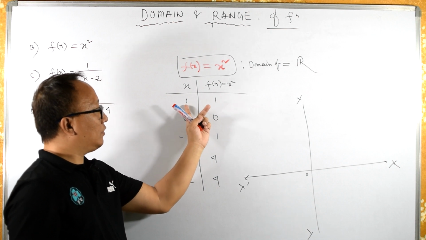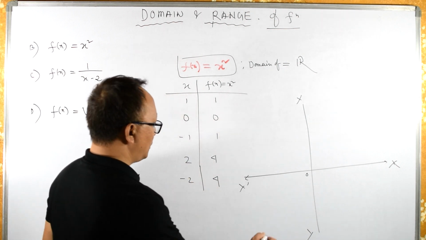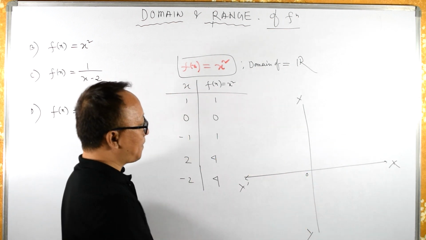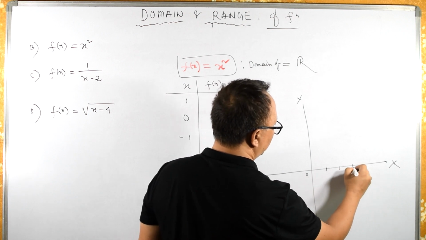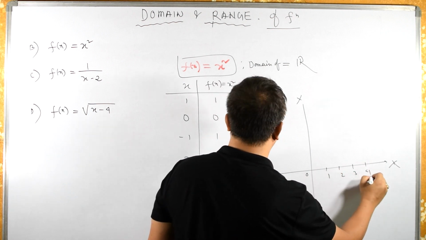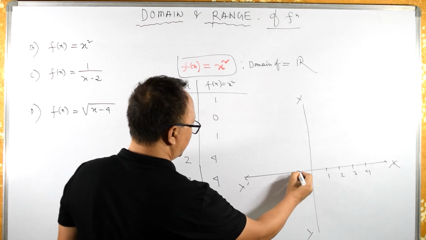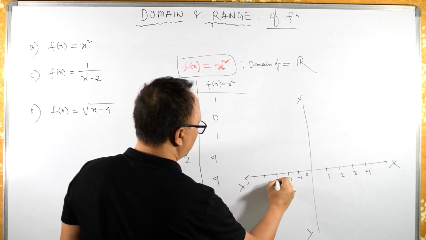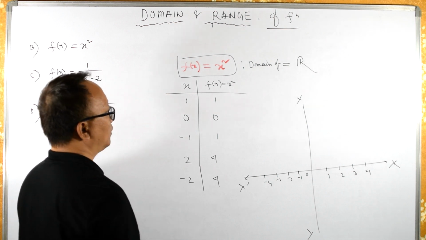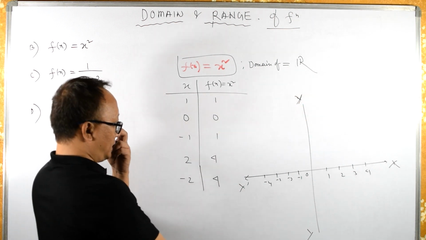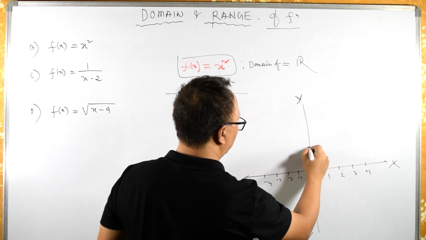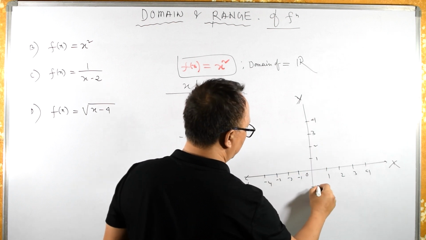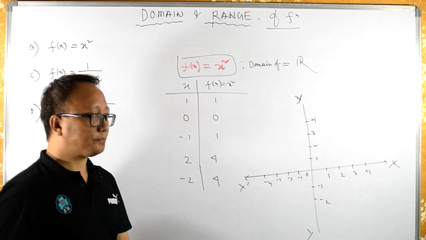Let's mark the x-axis up to 4 points in the plus direction: 1, 2, 3, 4, and in the minus direction: minus 1, minus 2, minus 3, minus 4. On the y-axis also, let's write 1, 2, 3, 4, and minus 1, minus 2, etc.